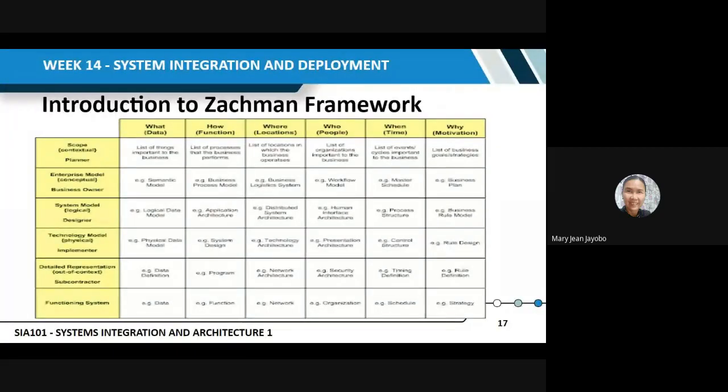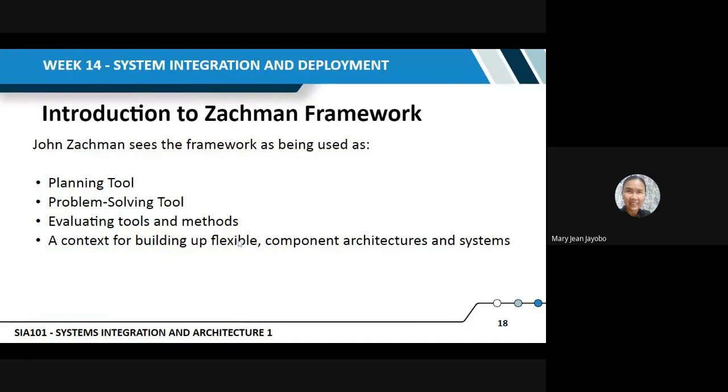Okay? Medyo malabo kasi ito. Kaya I search for something na medyo madaling intindihin natin. Okay. So, again, there are columns that answer what, how, where, who, when, and why. And in today's complex business environments, many large organizations have great difficulty responding to change.